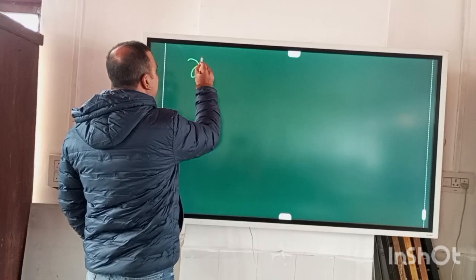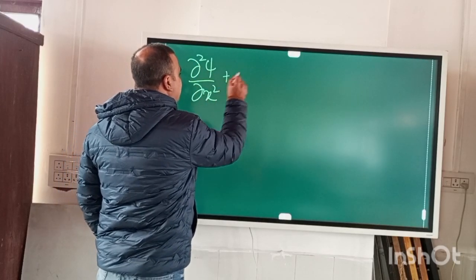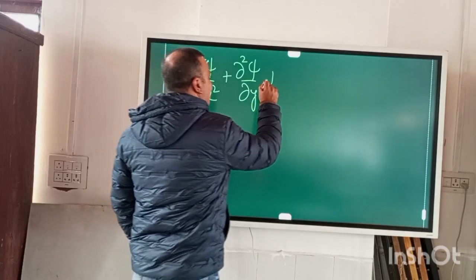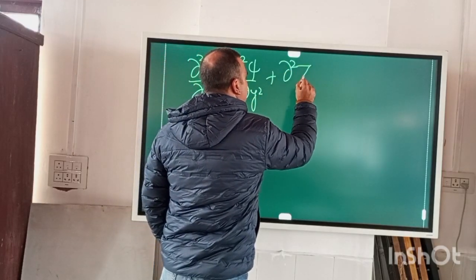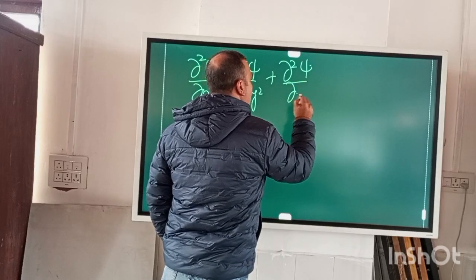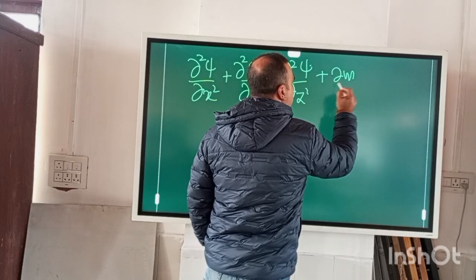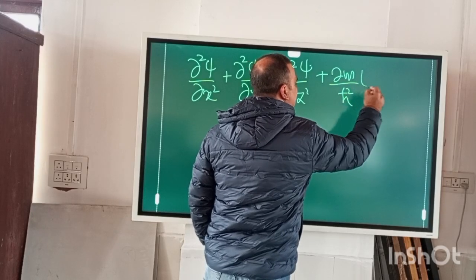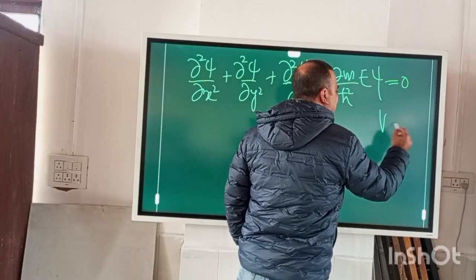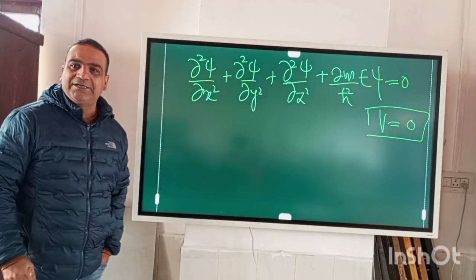It will look like this: ∂²ψ/∂x² + ∂²ψ/∂y² + ∂²ψ/∂z² + (2m/ħ²) Eψ = 0, because the potential inside the box is 0.